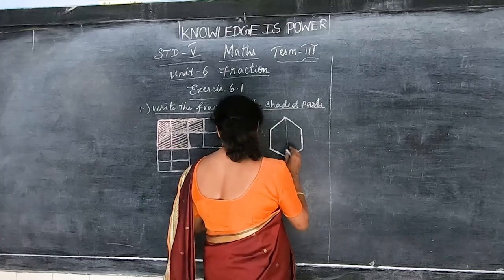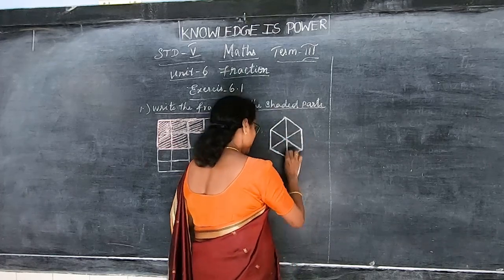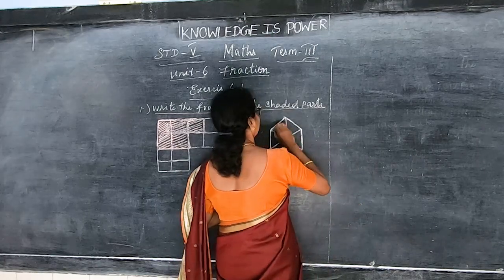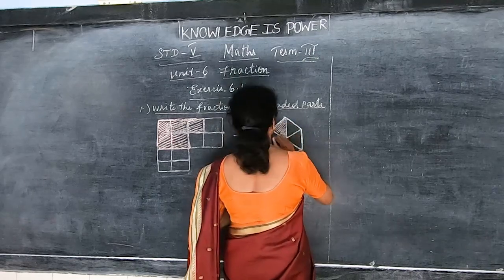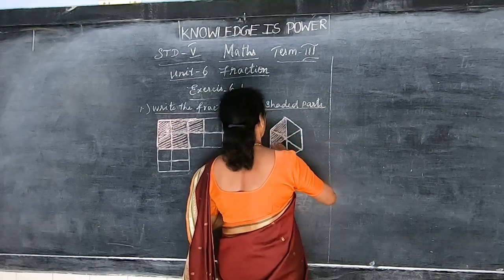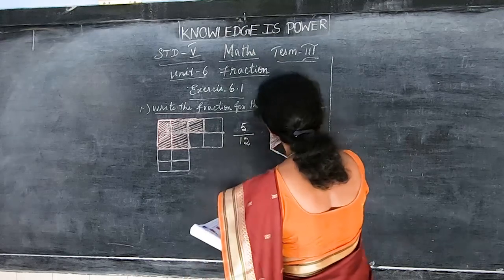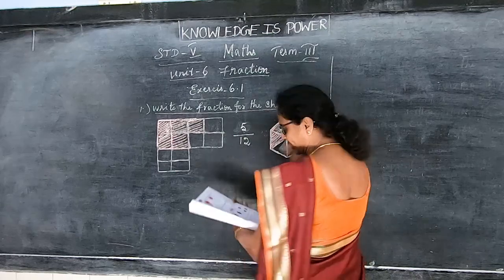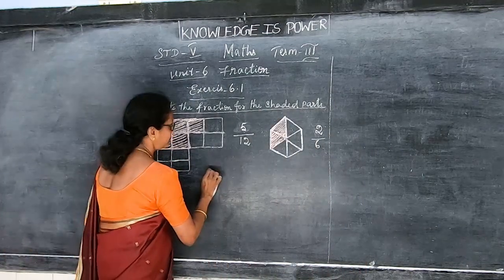In this, how many parts are there in total? 1, 2, 3, 4, 5, 6 parts. That should become the denominator, and 2 parts are shaded. Like that, one more sum they are given. Will you do it by yourself, children?